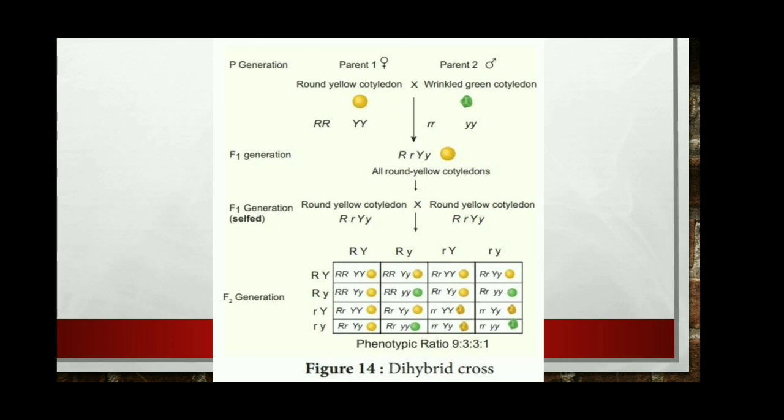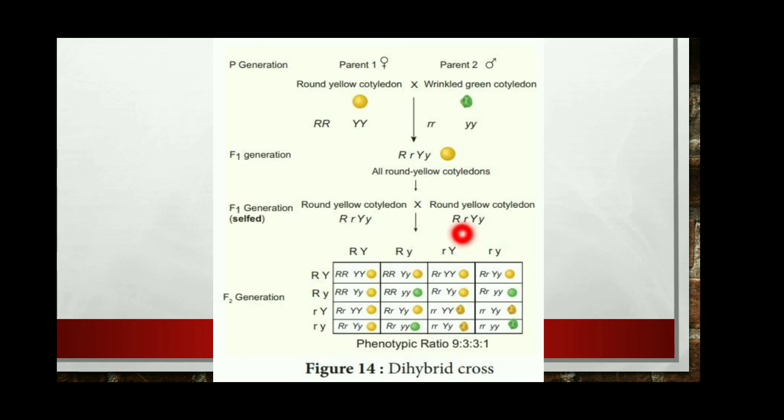Now he obtained gametes. Gametes have half the number of chromosomes from the parent. So, let us find out the gametes. Here is one parent, capital R small r, capital Y small y. He crossed this parent with another capital R small r, capital Y small y.